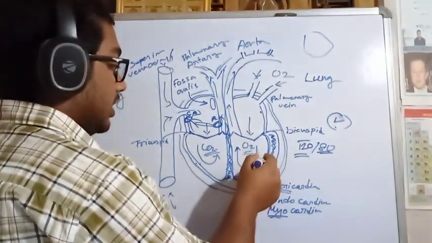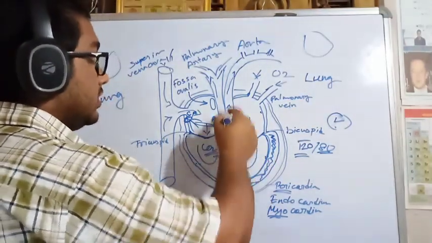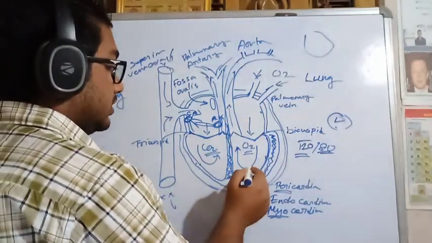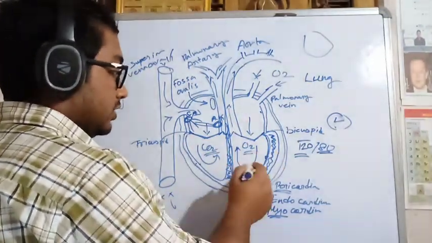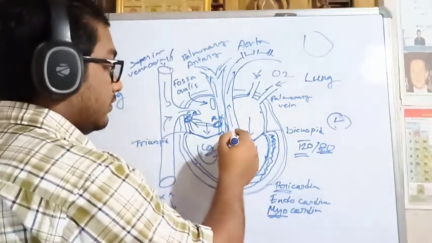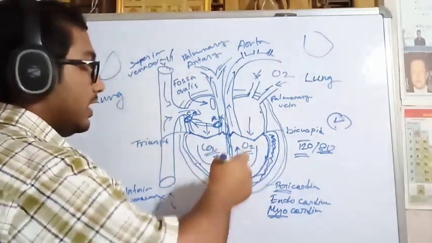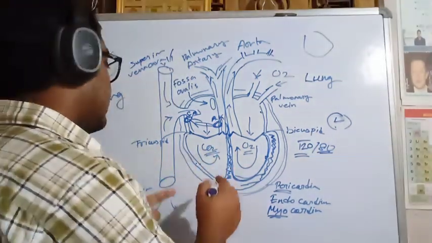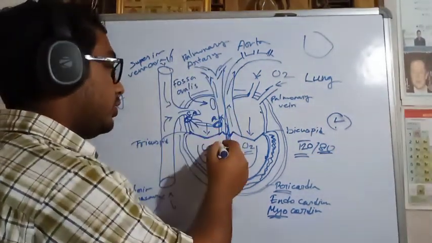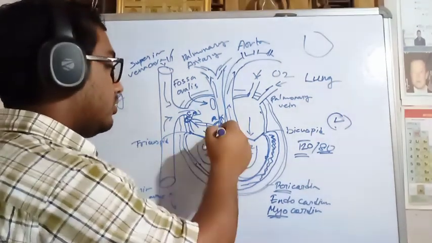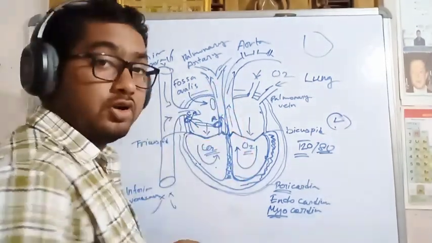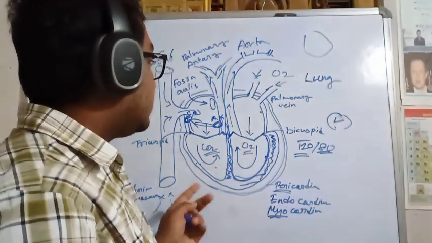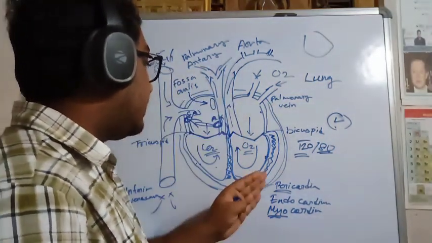In the left ventricle there is the aorta, and between the aorta and the left ventricle there is a semilunar valve called the aortic valve. Between the right ventricle and the pulmonary artery there is a valve called the pulmonary valve, or semilunar valve. Okay, so that is the main anatomy of the heart.